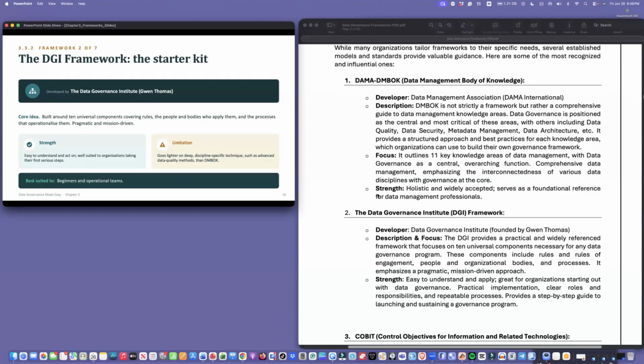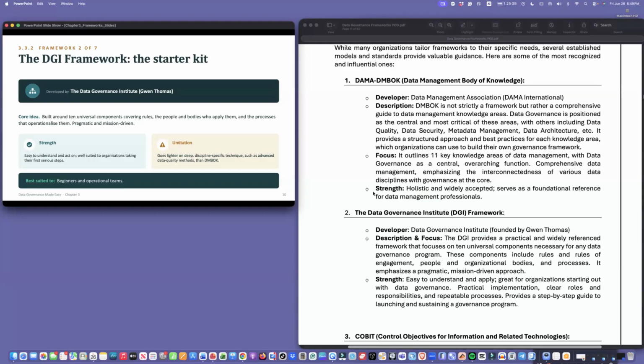Now, their strength is that let's make it easy for people to understand and apply in the organization, especially for those who are now starting up the whole governance discussions in the organization. This is the pathway to start. So a beginner in data governance will go here. Even a beginner firm that is now starting off and doesn't understand, is now establishing even its IT policies and everything, that would be a very good way to look at governance.